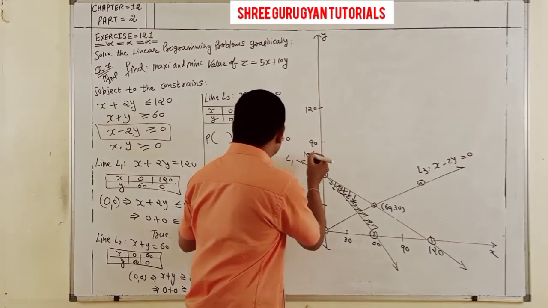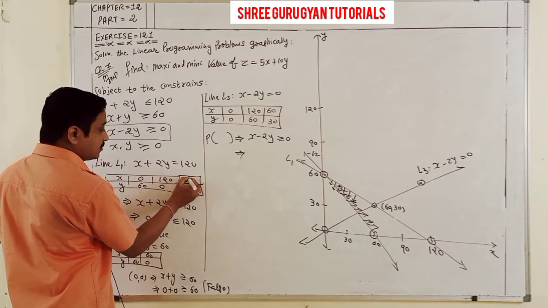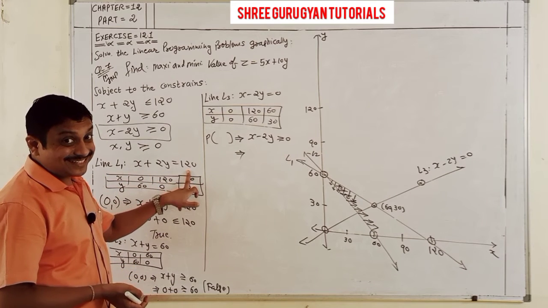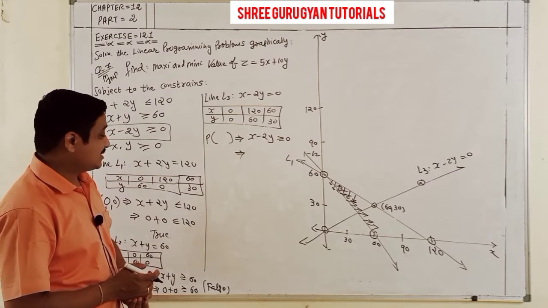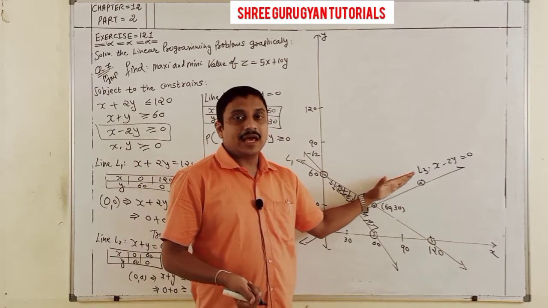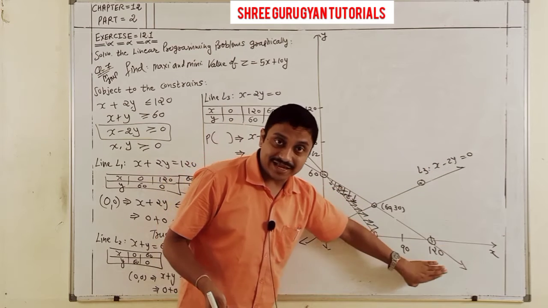This is L2. If you take x is 60 here on line L1, definitely y is 30. Check: x is 60, 120 minus 60 is 60, 60 by 2 is 30. That's your point of intersection. And in your graph now, this line L3 has two half planes, one of this, one of that.